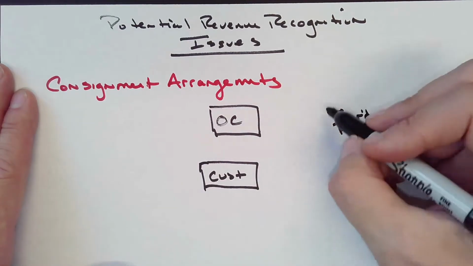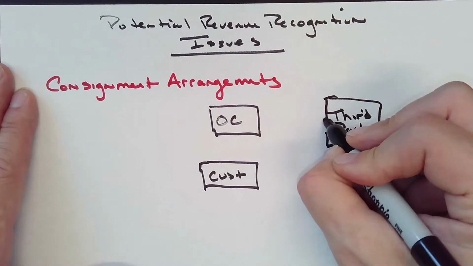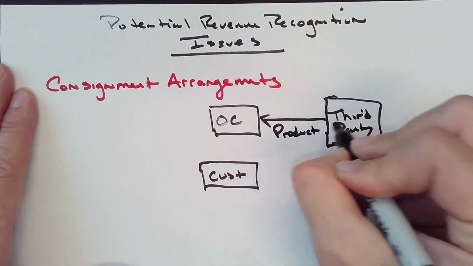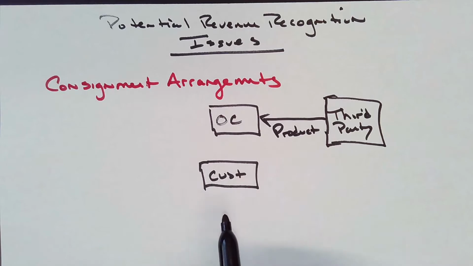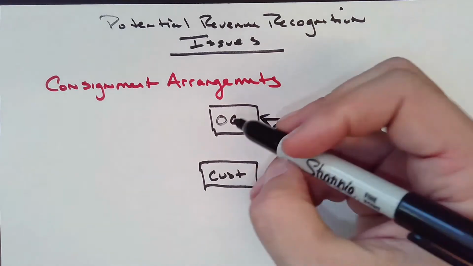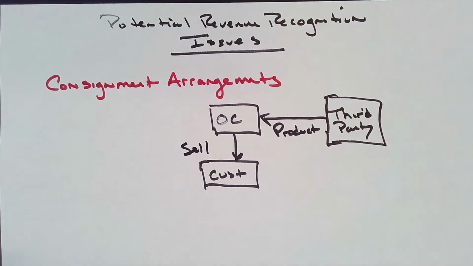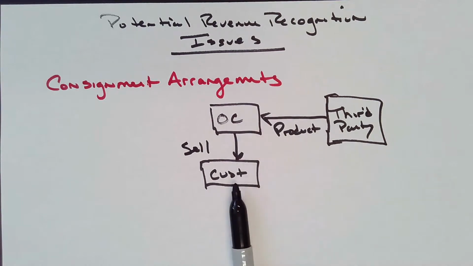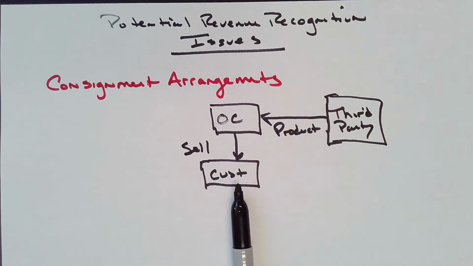The third party delivers product to us with the objective of us being able to sell it on to others. So our goal is to then sell to the customer. This shouldn't be surprising, right? We may either manufacture it or buy it from a third party and sell it on.